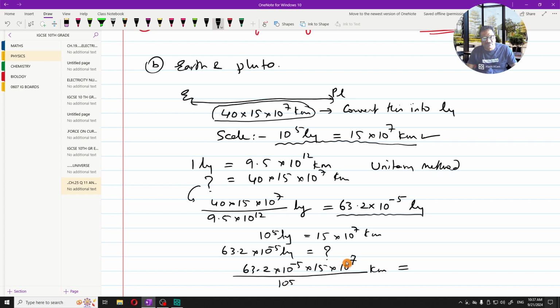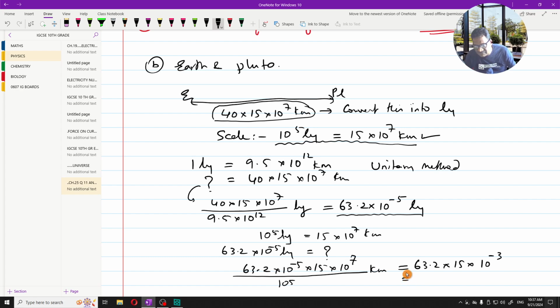Now this should work out to 10 raised to 7 and 10 raised to minus 5. I'll do 63.2 into 15 separately. Minus 5 plus 7 is 2, and 2 minus 5 is minus 3, so this will work out to 10 raised to minus 3. And 63.2 into 15 should work out to how much?